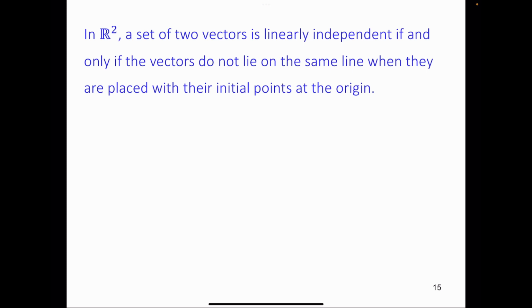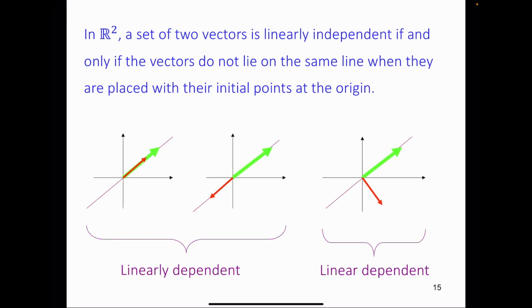Now we are going to see some illustration in this slide. We are going to see how we can illustrate geometrically a linearly independent set and a linearly dependent set for two-dimensional Euclidean space.